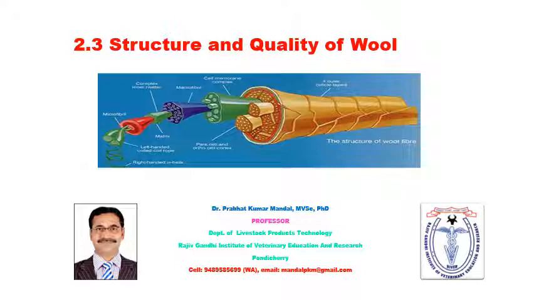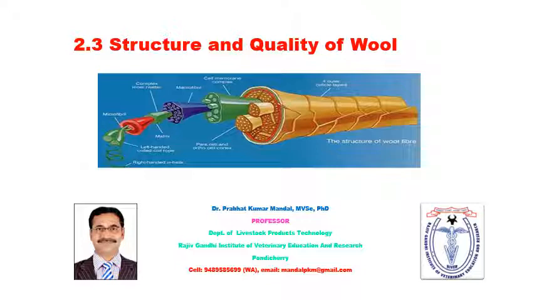I have mentioned different kinds of fibers come out from two different kinds of follicles, that is primary and secondary follicles. So today we will see a little bit more detail about these three kinds of fibers and their comparison, and we will see the morphological structure of the fibers and their differences in different kinds of fibers.